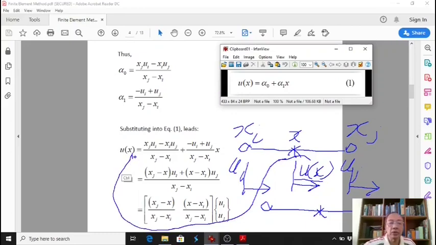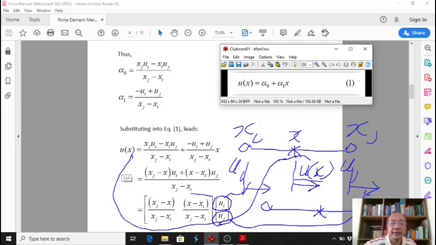And ux now we can predict by this term. ux is a function of nodal displacement ui and uj, which are the nodal displacements here.